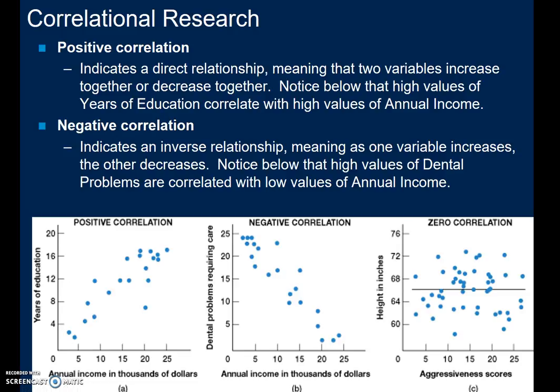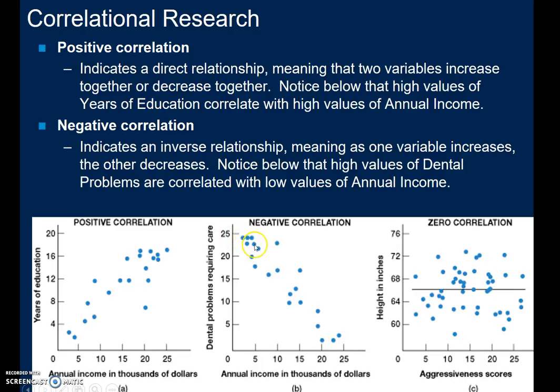Positive correlations, if you were to plot the data, will always slope upward towards the right. Negative correlation just means that when the value of one variable is high, the value of the other variable tends to be low. So we see in this example high values of dental problems.